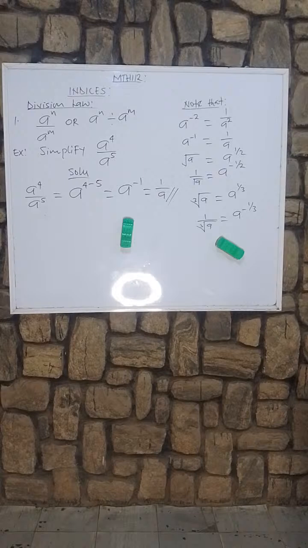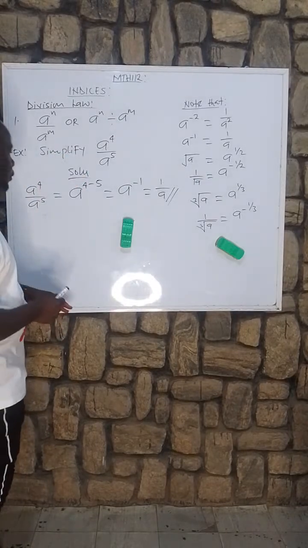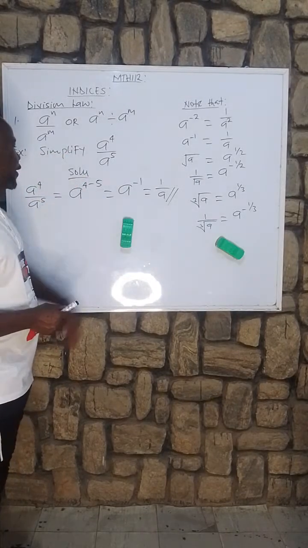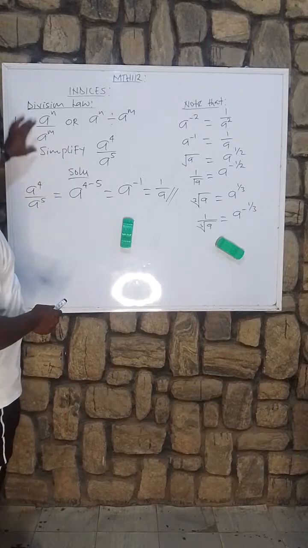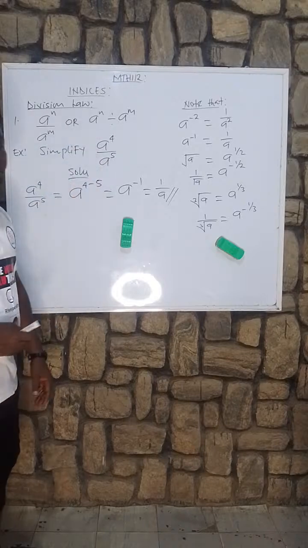No question? So we can proceed, right? If there is no question, let us proceed. Okay. So this is how you are going to simplify these indices using division law.